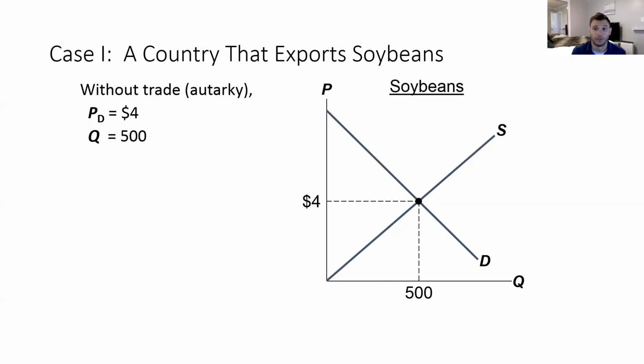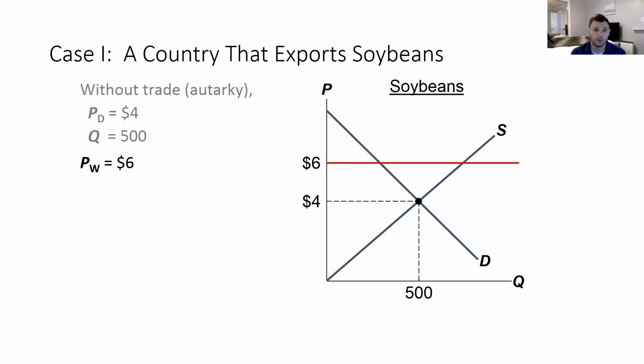in the market equilibrium. Okay, now remember, if we're in case one, a country that is going to wind up exporting soybeans, then this is the scenario where the price in the rest of the world is actually higher than the price domestically. Now, recall from the last video that PW, when we open up to free trade, is the only relevant price.